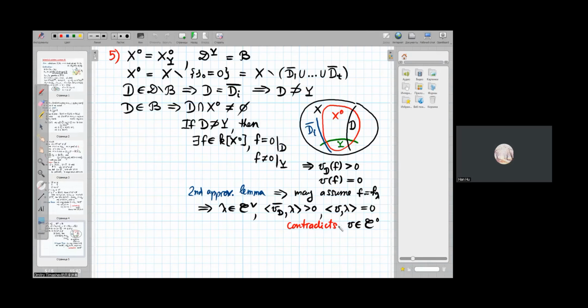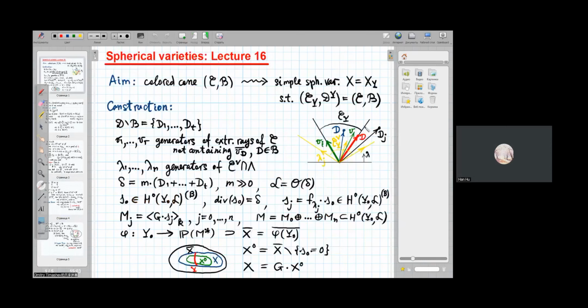So again, we get a contradiction because we have a vector in the dual cone, which vanishes on some vector in the interior of the initial cone, and which does not vanish at some vector in the same cone, because VD bar sits again in the cone C. Since D belongs to B, VD bar is one of the generating vectors of the cone C. So VD bar is one of these vectors, this or this, whatever.